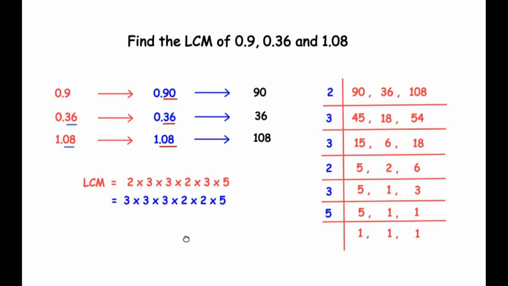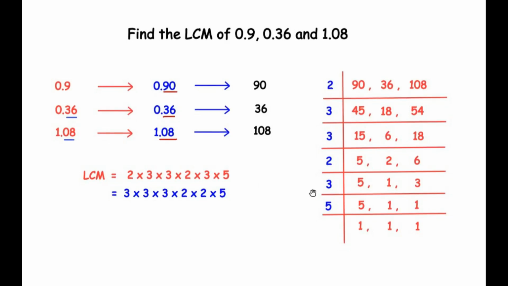Here the LCM is the product of all these prime numbers. I have written 2 times 3 times 3 times 2 times 3 times 5. In the next step I have made a small change. It is always good to take a combination of 2s and 5s, because they give you multiples of 10.